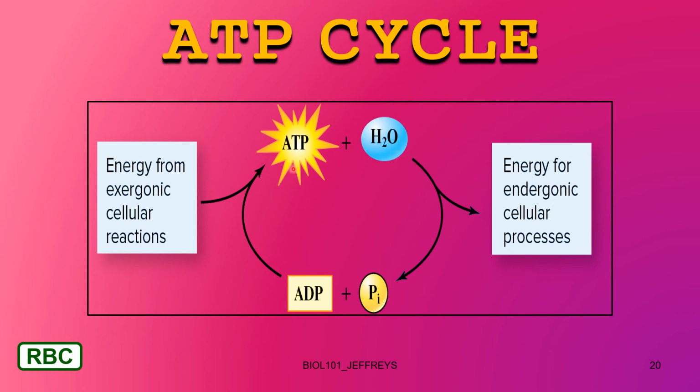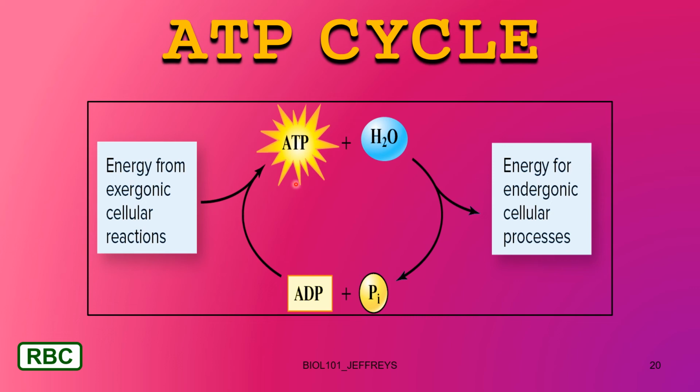So we use the energy in the pyrophosphate bond by driving an endergonic reaction, and then through the synthesis process, we form ATP by reconnecting that pyrophosphate bond, right? And we turn ADP back into ATP. This is energy derived from exergonic cellular processes.